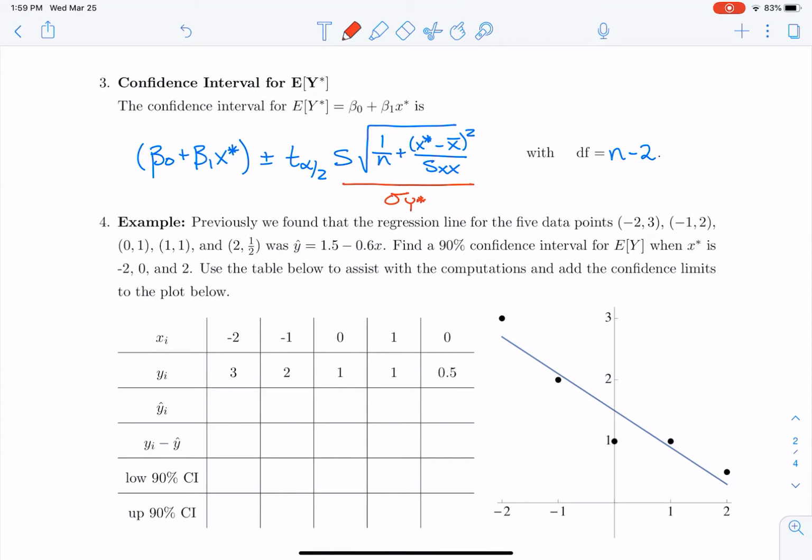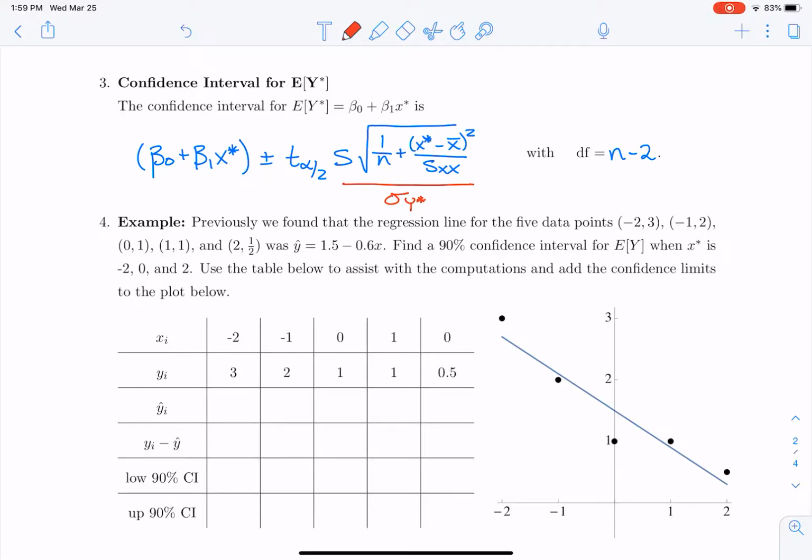So when I replace sigma squared with s squared, that's why I need to use the t distribution. Okay, so now we have a confidence interval for the expected value of y star. So let's look at an example to compute that confidence interval.